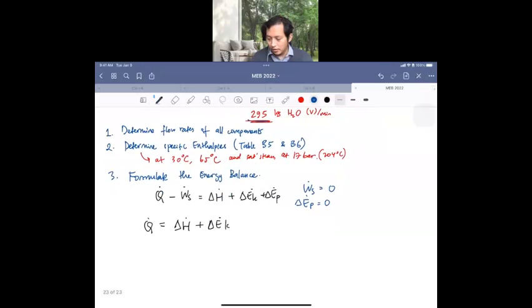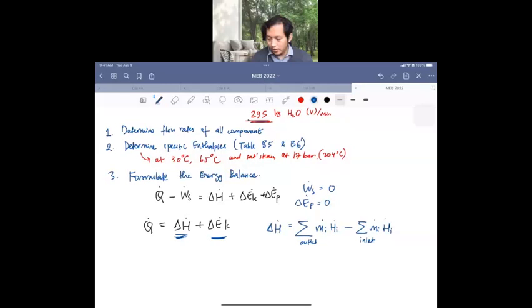Now first, to observe, we start looking at the enthalpy. The enthalpy is using this approach. This is outlet, and this is inlet. So every time we are solving our energy balance for the change in enthalpy, it is always the outlet minus the inlet.